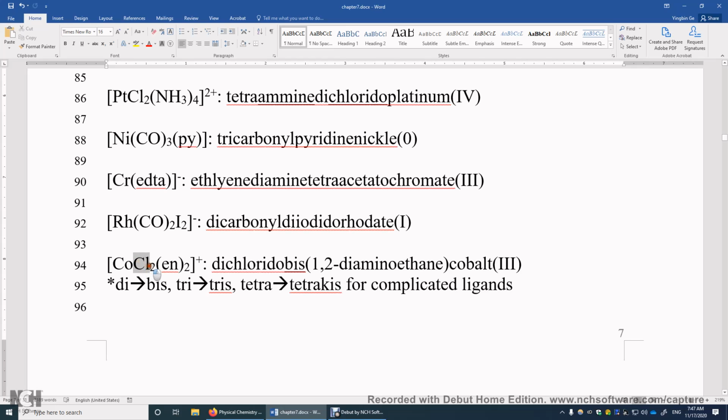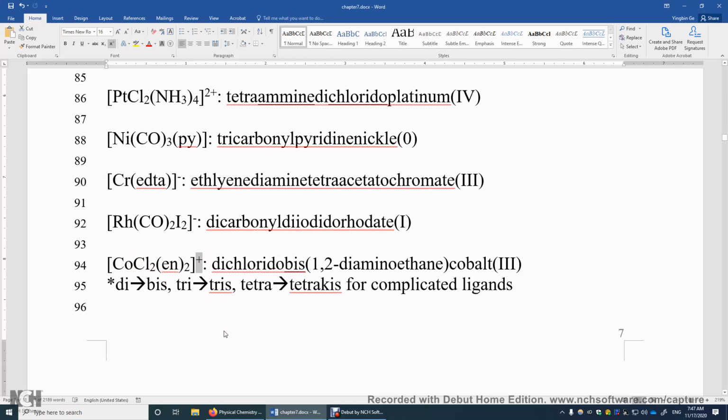So you have -2 from these 2 chloridos, 0 from 1,2-diaminoethane. Therefore, this cobalt has an oxidation number of 3. Overall it's just 3 minus 2, it's +1, and you see the total charge of the complex is +1.